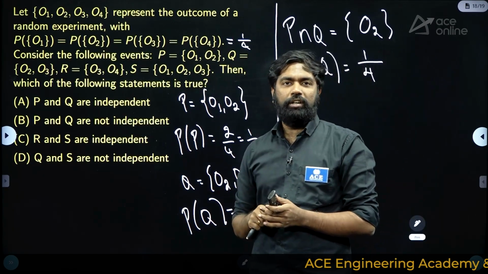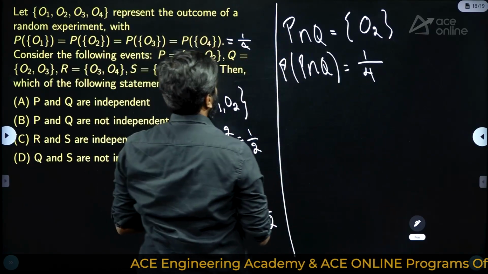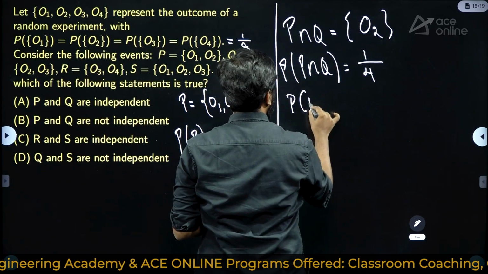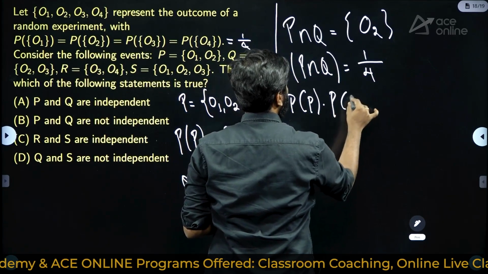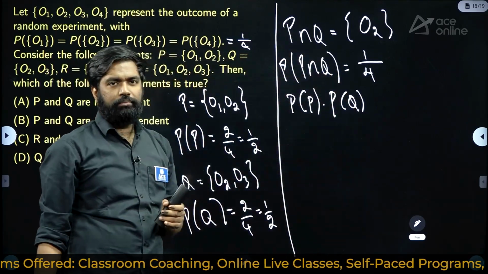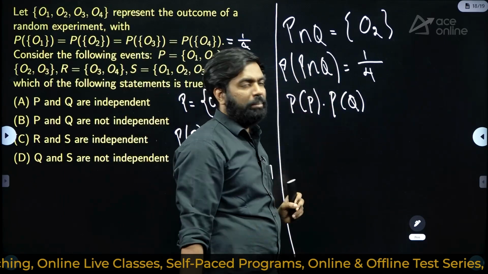Now how do you check whether they are independent or not? Simply you have to check this: what is the probability of the set P times the probability of the set Q? If this product is equal to the probability of their intersection, then they are independent.